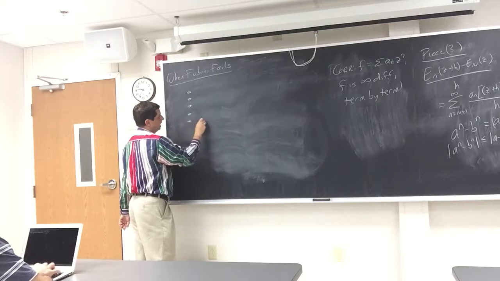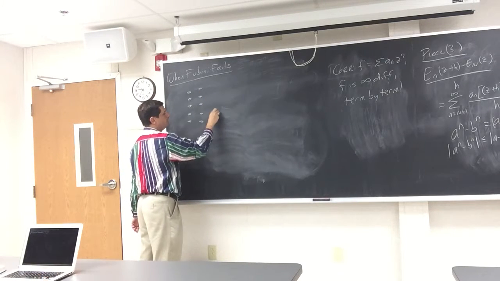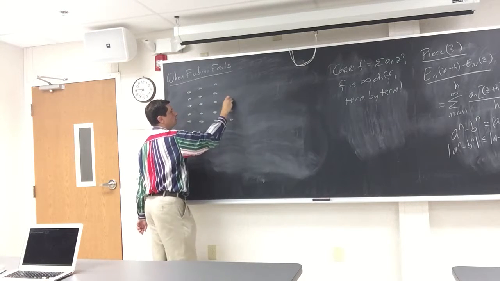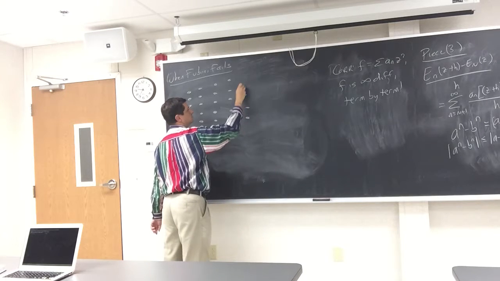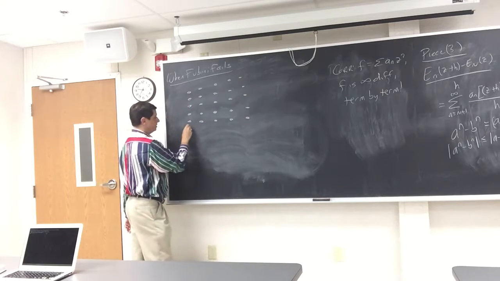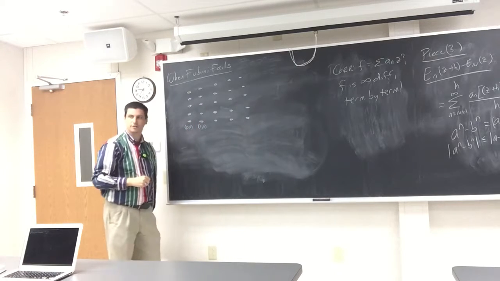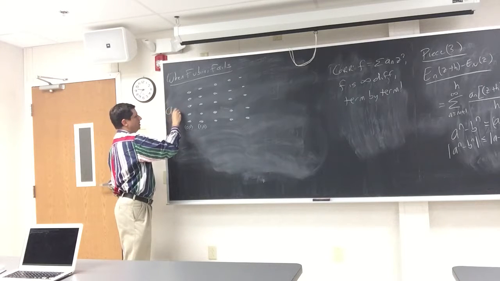So imagine the infinite grid of non-negative integer pairs. In the interest of time, I will only draw a finite subset of it. So this is the point (0, 0). This is the point (1, 0), etc., etc. And I'm going to define a sequence a_{n,m} as follows.